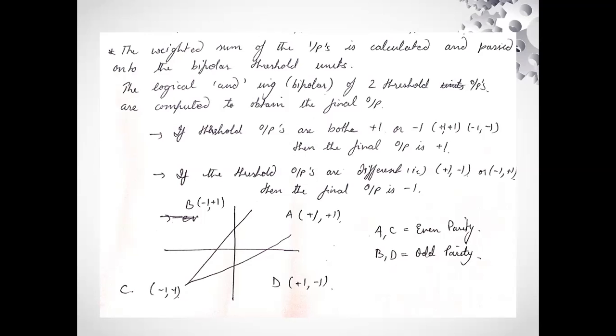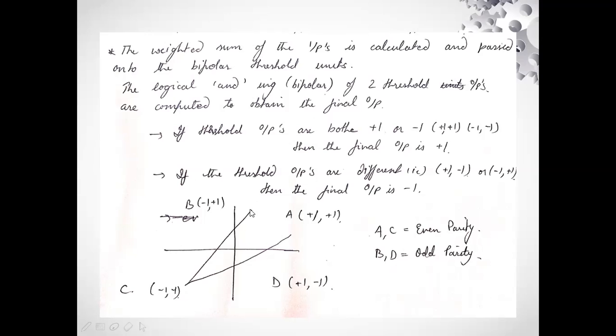So we have even parity and odd parity. What is even parity and odd parity? See, A has two positive signs, so this is even parity, and C has again two minus signs, so this is even parity. B and D have +1, -1 and -1, +1, so odd parity. So we are going to separate it into two classes, even parity and odd parity.